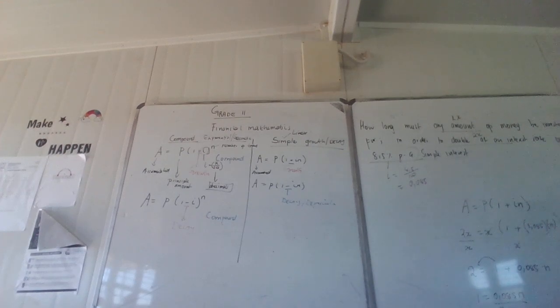I'm going to multiply this by 12, and everything will be months. 0.76 times 12 is how much? 9.12. So n will be the same as 11 years and 9 months.